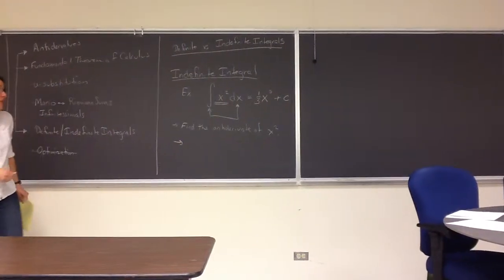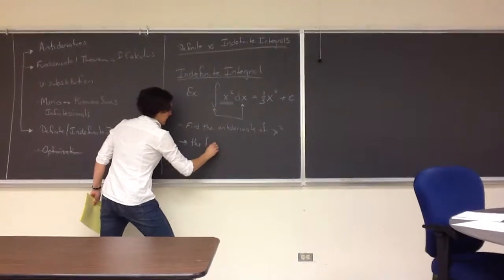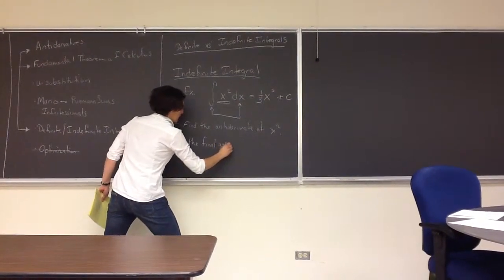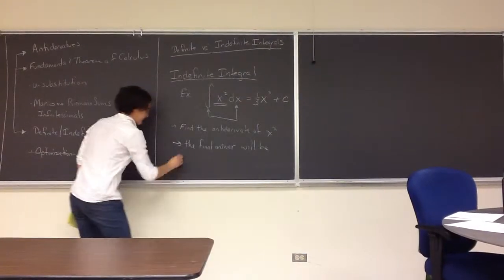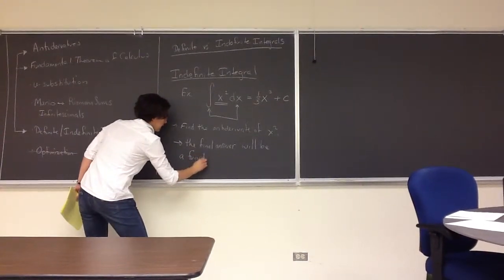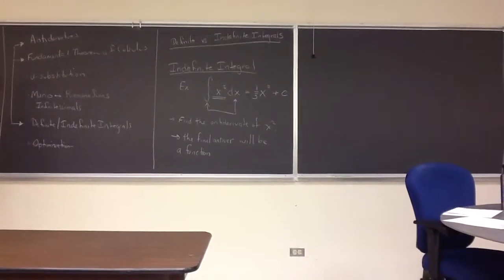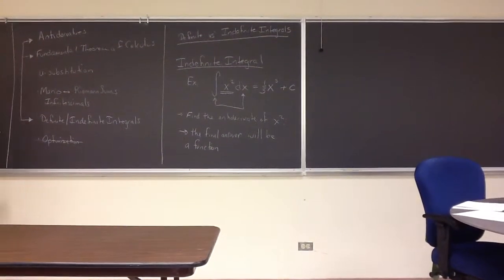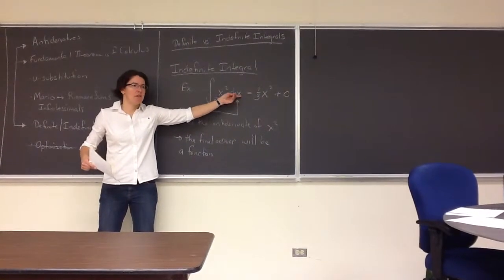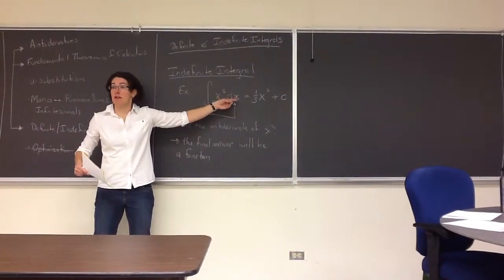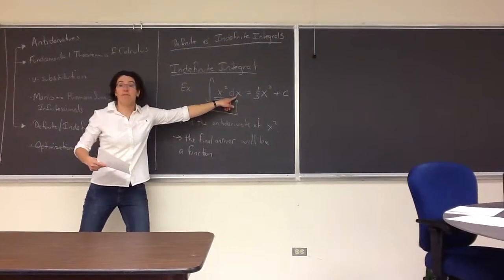And the thing to notice is that the final answer of an indefinite integral will always be some kind of a function that depends on the variable x, or if it's a dt on the variable t, or if it's ds on the variable s. So it's always a function that depends on the variable attached to the d.